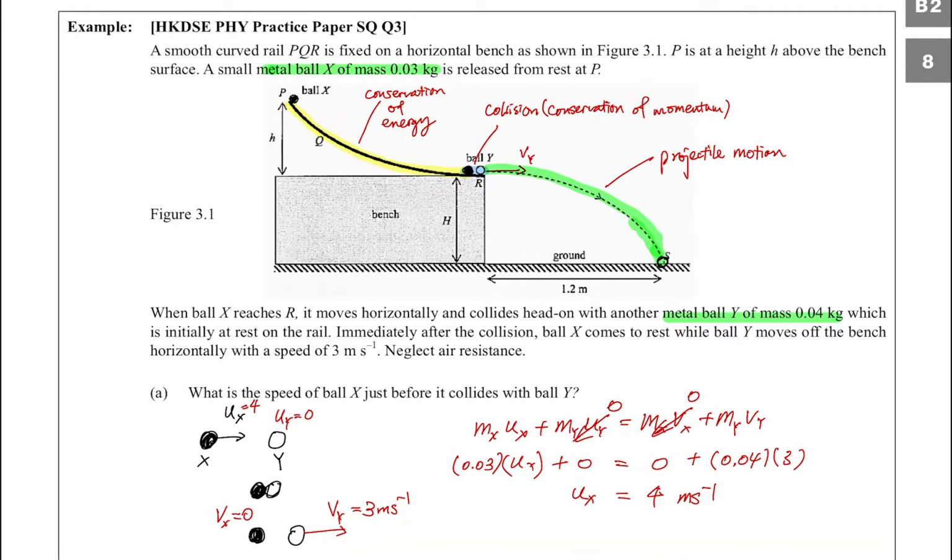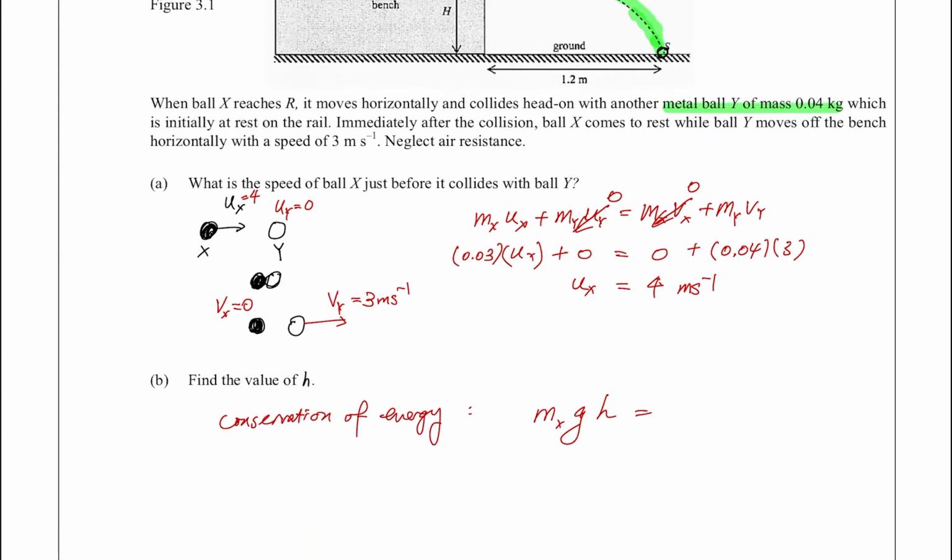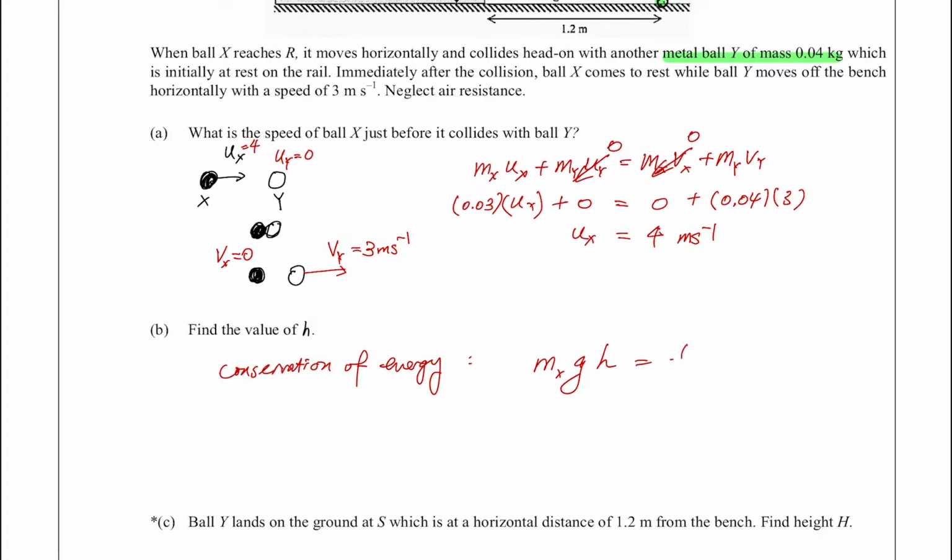And later on, when the ball slides down, PE will be converted to KE, so it becomes half m u squared.